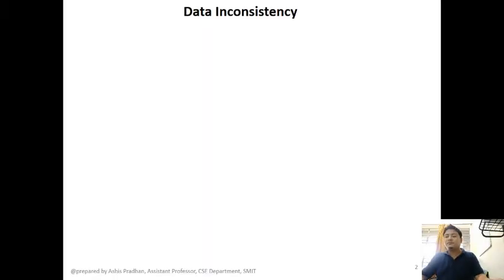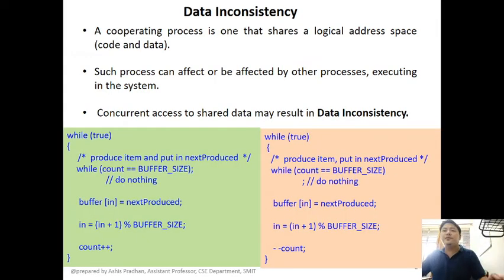So this green color code is trying to increment the value of the shared variable count, and this is trying to decrement the value of count. Suppose the initial value of count is 5. Now this code will make it 6, whereas this code will make it 5.